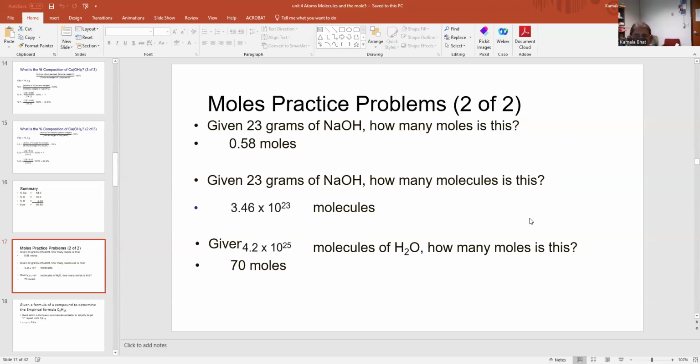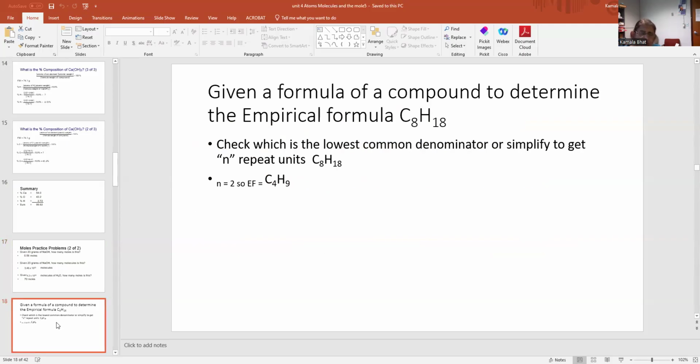Once you get the mole, you want the molecules. So multiply the mole by, in 1 mole, there is 6.022 times 10 raised to 23. So you'll get the molecules. And then there is a separate independent question given to find out how many moles of water are present in 4.2 times 10 raised to 25 molecules of water.